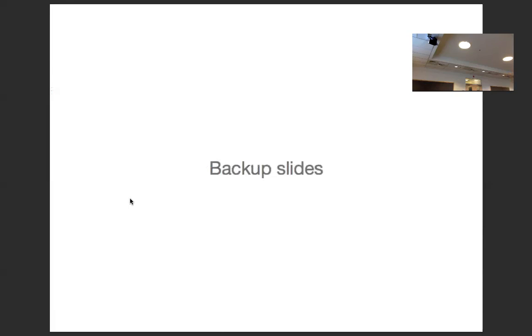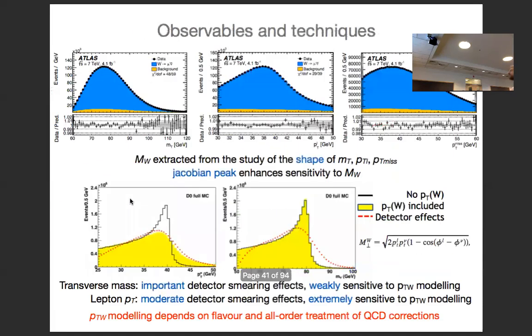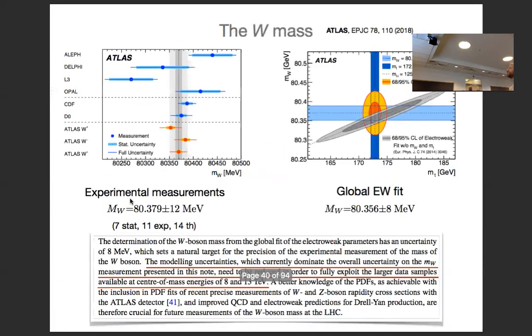And concerning the W mass, maybe I missed it. What is currently the official error that is quoted for the W mass? Overall? Yeah. No, you didn't miss it, but I skipped it. It's 12 MeV, and the global electroweak fit is 8 MeV, and this sets the goal for experimentalists.